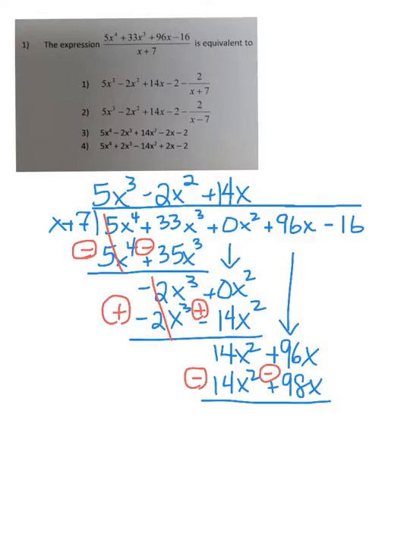And then I know that my 14x squareds are going to cancel out. And then I'm going to get negative 2x. And let's bring down that negative 16.